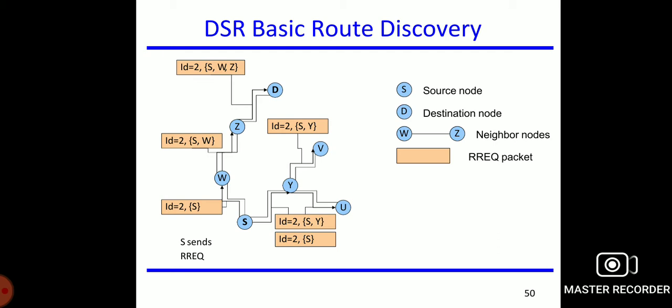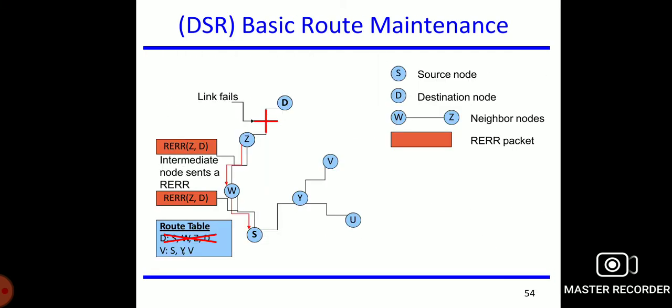So the source removes the broken route from the routing table. Retransmitting the original packet is a function of the upper layer, for example the Transmission Control Protocol, TCP. It searches the routing table for another route or starts a new route discovery process.